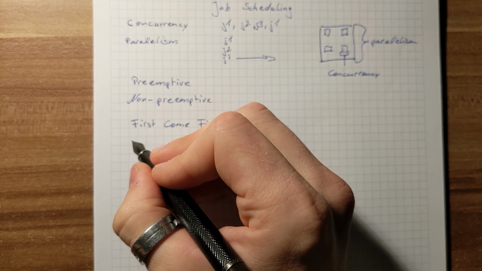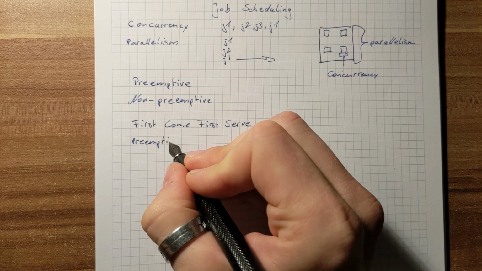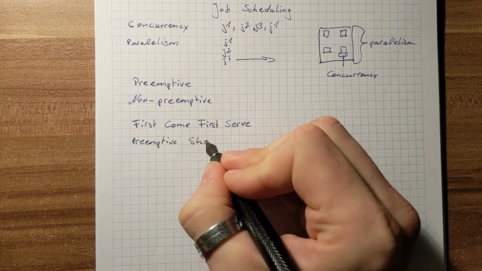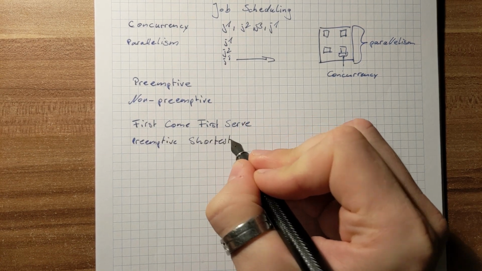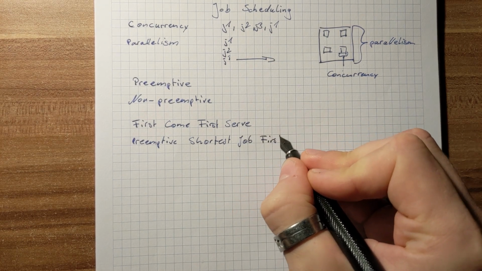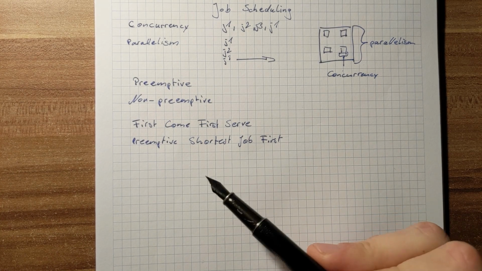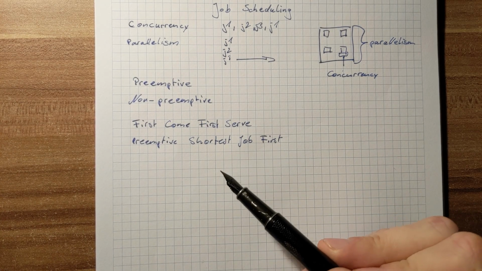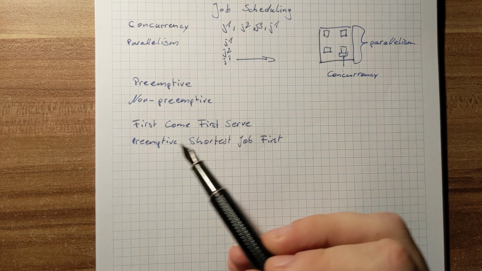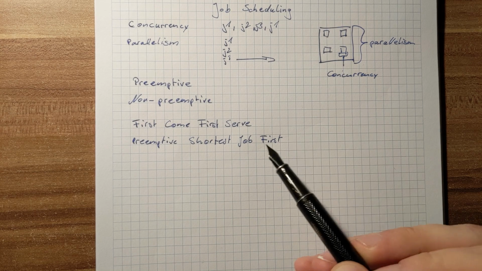Then you have the preemptive shortest job first. So that means the job in the queue that needs the least amount of time until it is finished will be executed first, of course, among the jobs that are already in the queue.